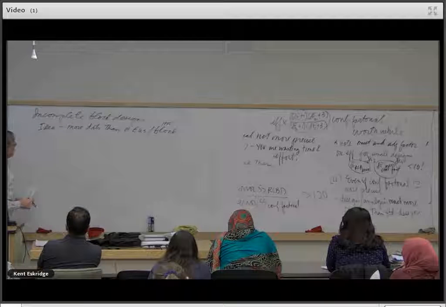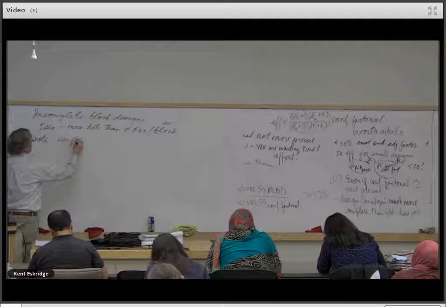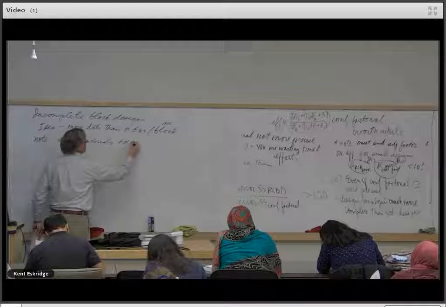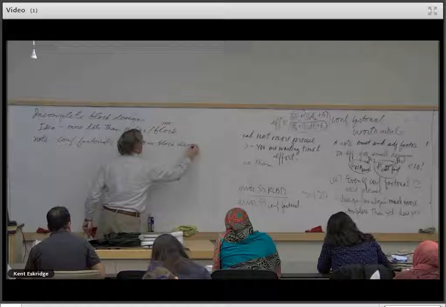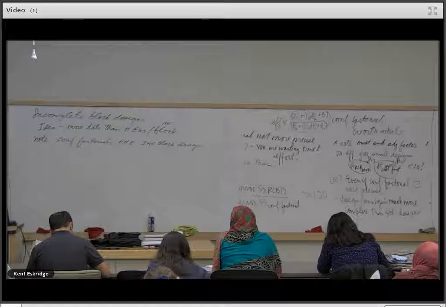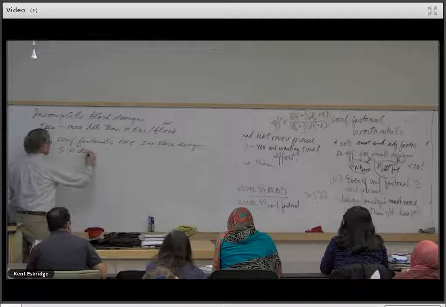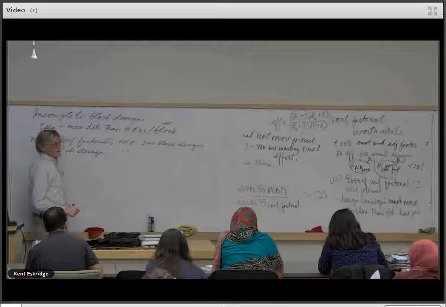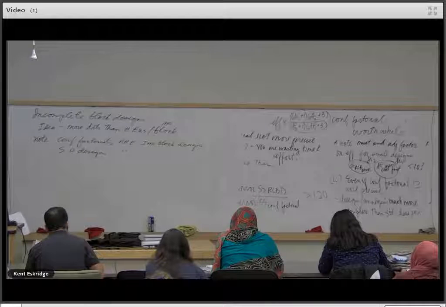Confounded factorials are incomplete block designs, using factorial. Also, I'll go so far as to say that split plot designs are incomplete block designs. I want somebody to tell me why that's the case. Why are split plots incomplete block designs?